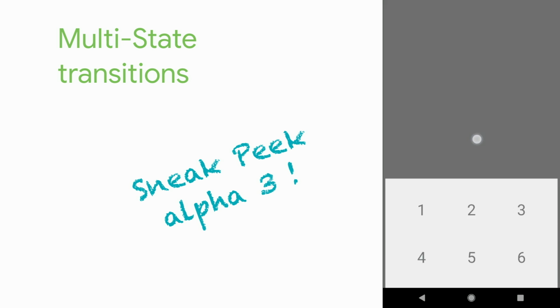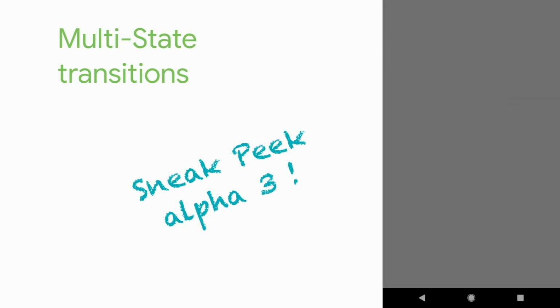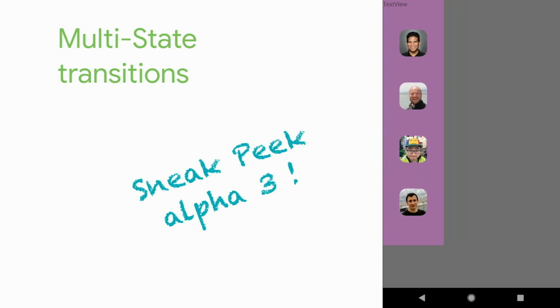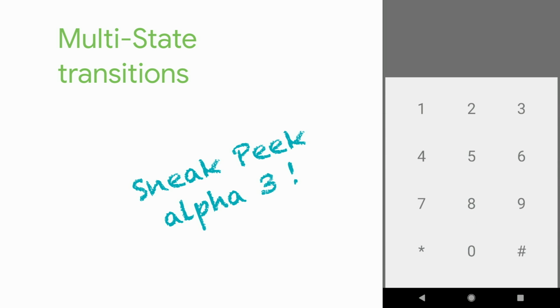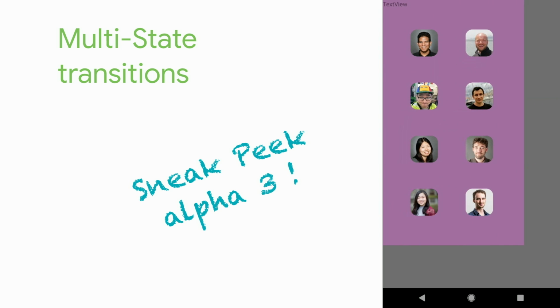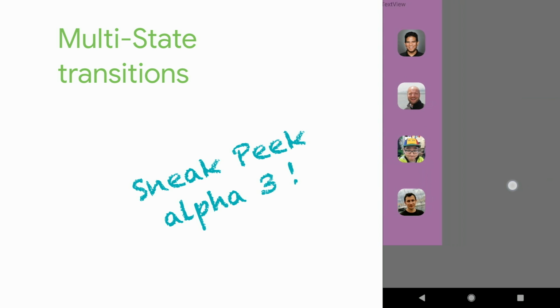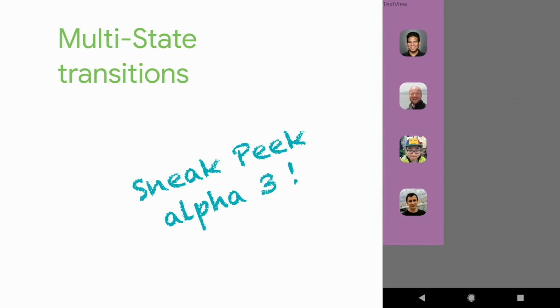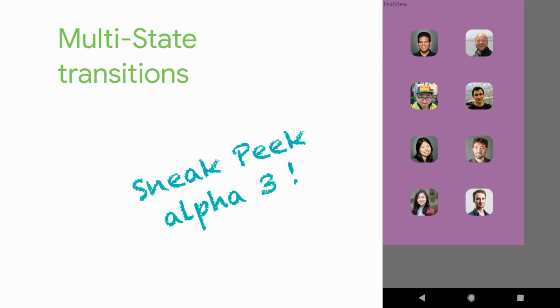As a small sneak peek at what we have in Alpha 3, it'll support multiple states and allow you to interact with the multiple states purely from touch. So this is one single MotionLayout, but in fact, it's handling transitions between three states, from a blank page, to swiping up at the bottom, to swiping a little bit, to swiping more.